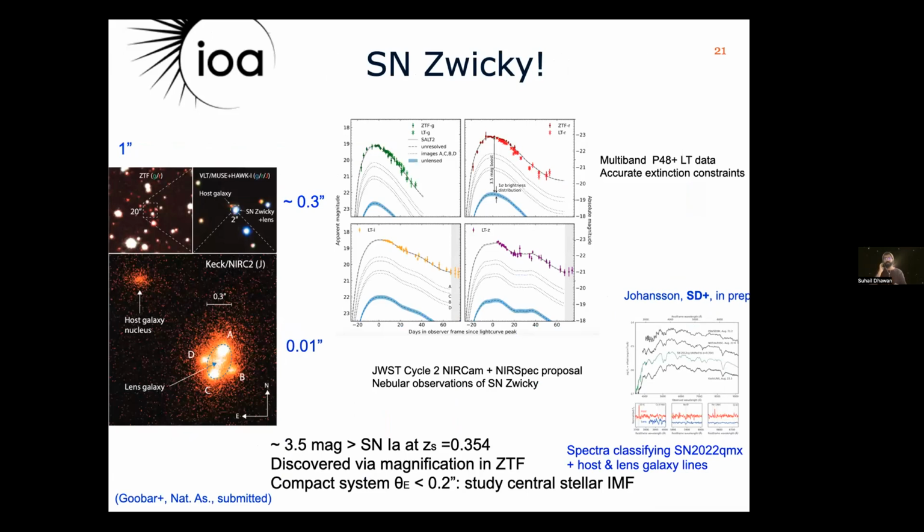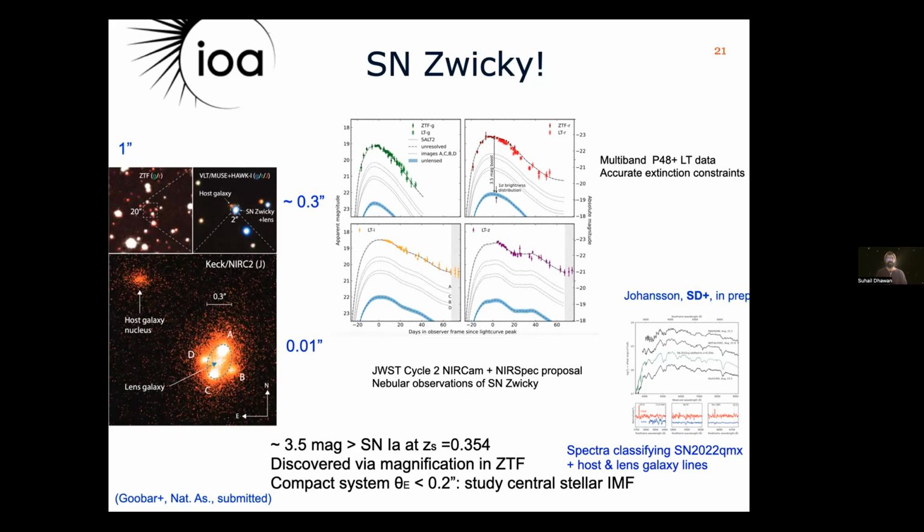In the follow-up to iPTF, so with ZTF, we've been looking for lensed supernovae systematically for the few years of its operations. The expected rate was low, but in the summer of last year, we found supernova Zwicky. So this was found again in the low-resolution imaging of ZTF.